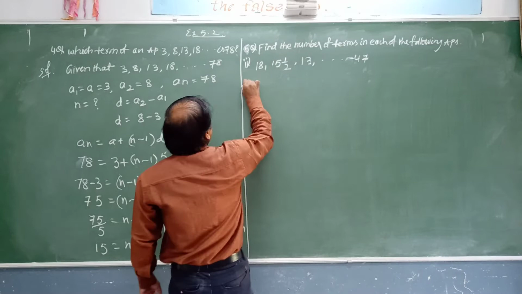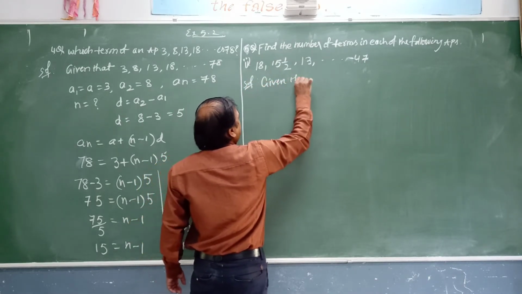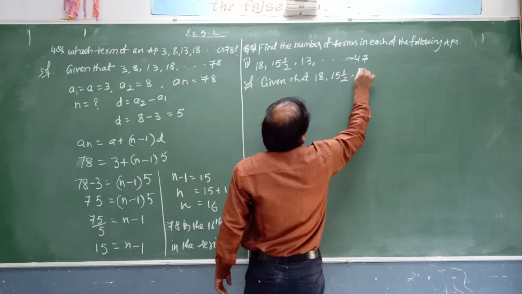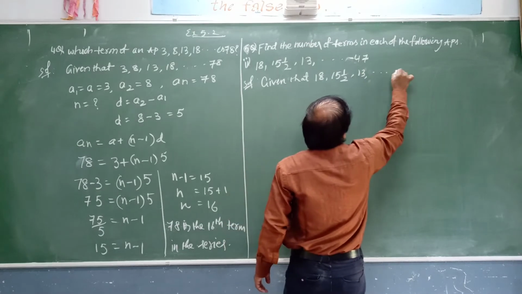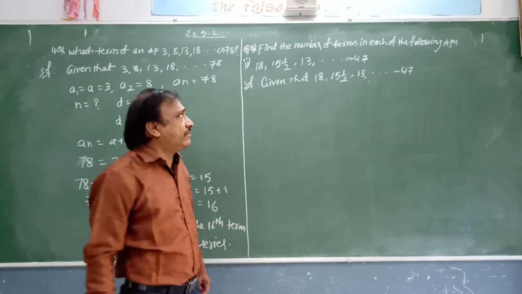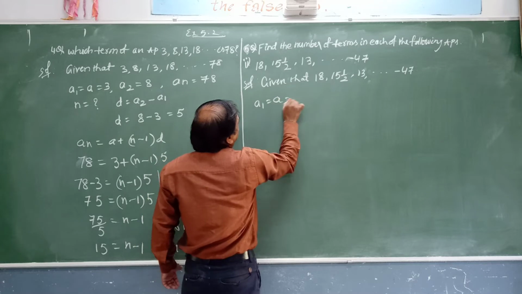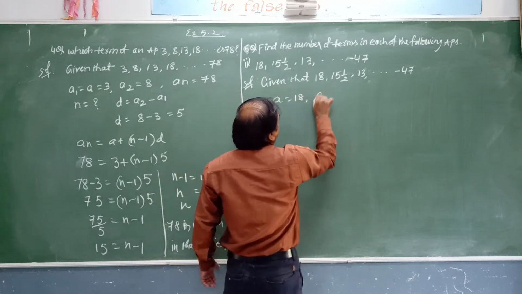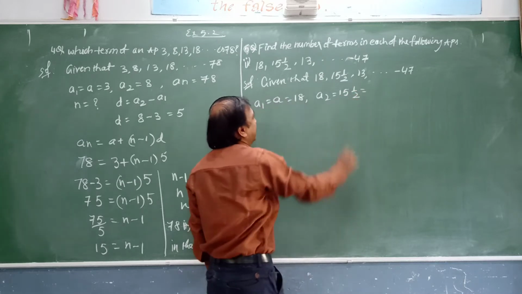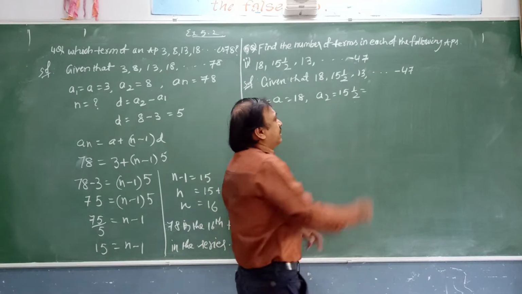Now, the solution. Given 18, 15 1 by 2, 13 and so on, minus 47. The first term a1 is equal to a is equal to 18, then a2 is equal to 15 1 by 2, which can be written as 31 by 2.